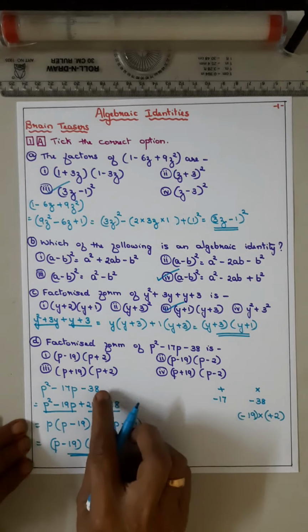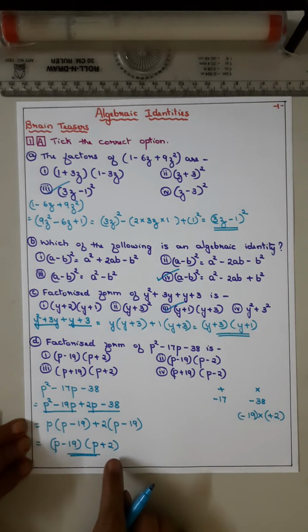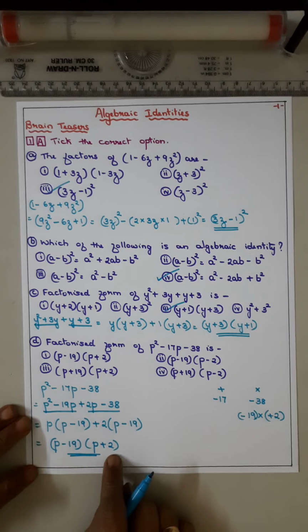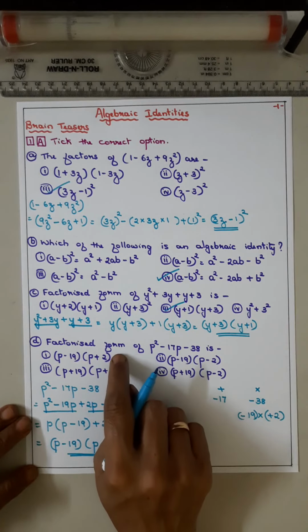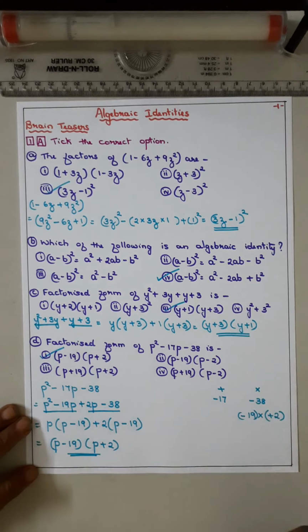So what are the factors of this? It is p -19 and p +2. So which is the option? Option p -19, p +2. The first option is the correct answer.